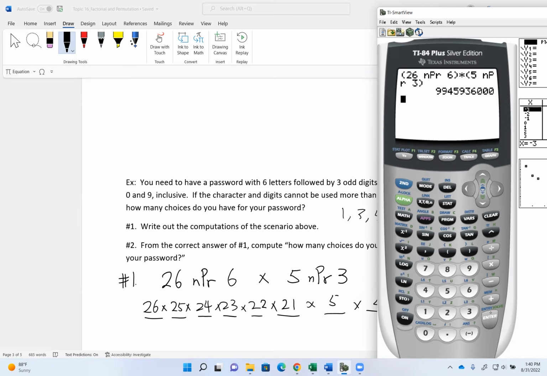That's how many ways. So what happens if I type in what I just wrote down here: 26 times 25 times 24 times 23 times 22 times 21 times 5 times 4 times 3. You see, I get the same answer.